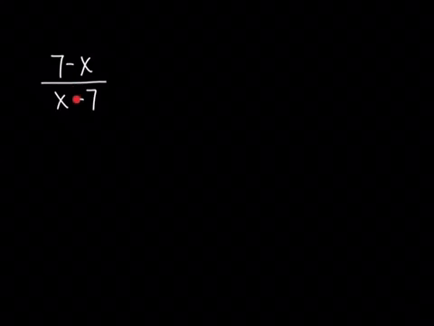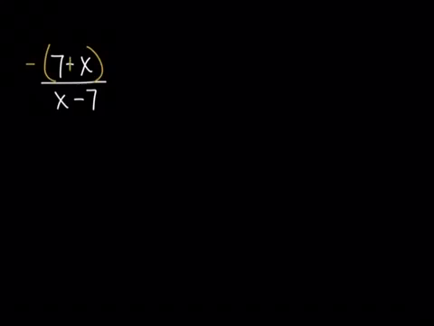This one's a positive, this is a negative, this is a negative, that one's a positive. So, and it doesn't matter which one you do it to, but if I were to pull out a negative, then this would change around. It would change the sign.